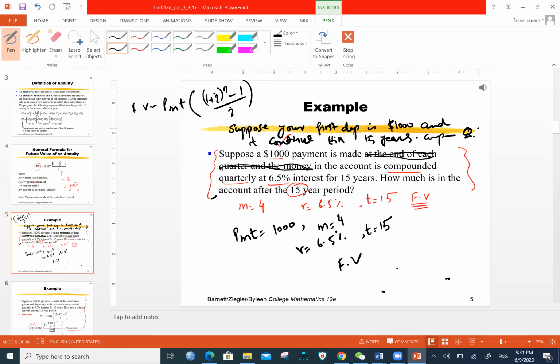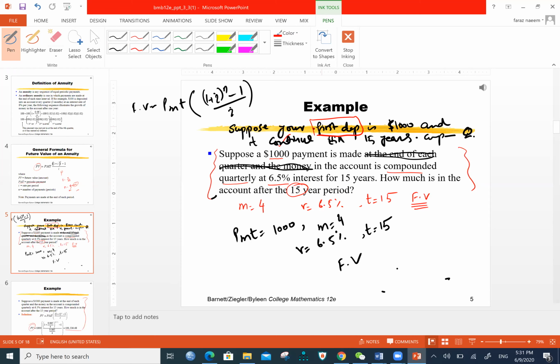Yes. This word first deposit tells us that there is a second deposit as well, there is a third deposit as well, and it will continue till 15 years. So it is still a problem of annuity because the word first deposit tells us this is a sequence of equal periodic payments.